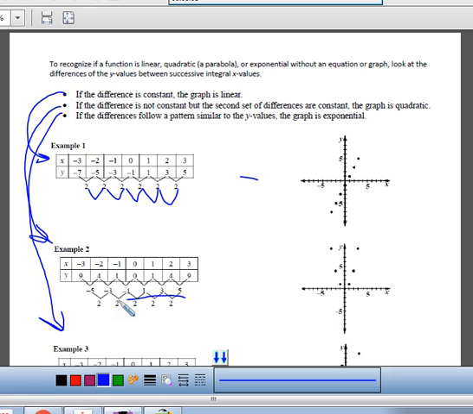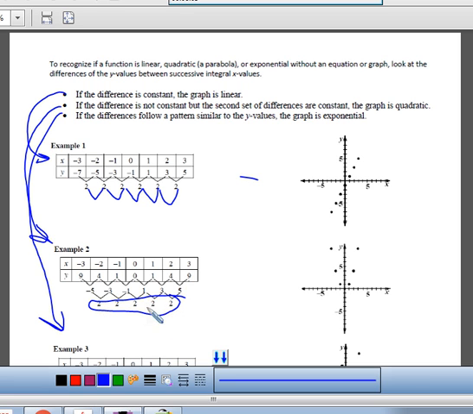Now look at this. So for the quadratic, when you find the difference in the y values, -5, -3, -1, 1, 3, 5. So it goes down and then goes back up. And that's how you can kind of tell the quadratic pattern, if you will. But then look at, if we then take these values and find the difference, then it's going at a constant rate of change, kind of like linear.